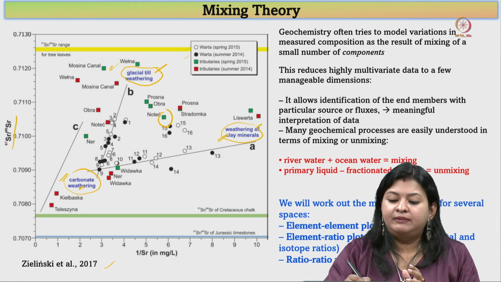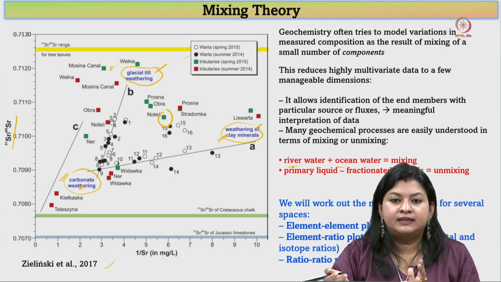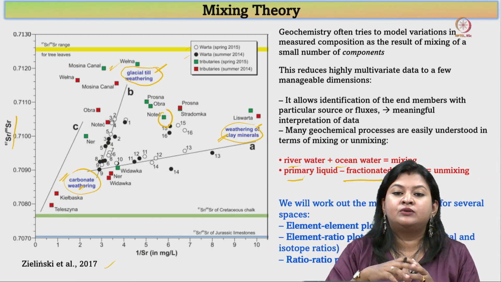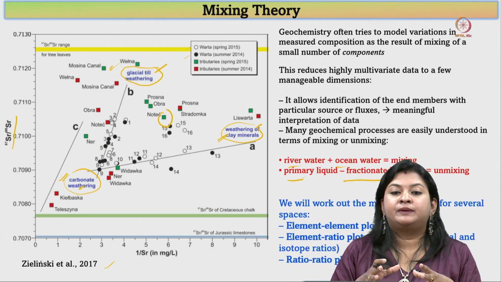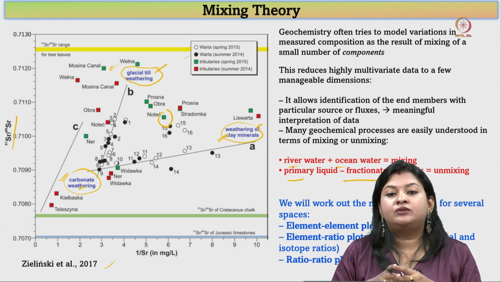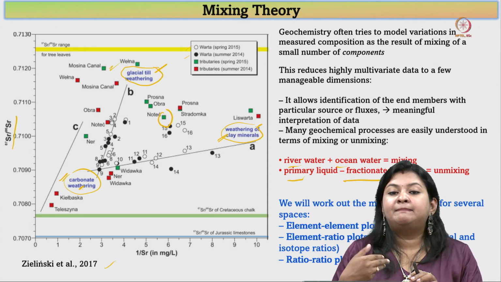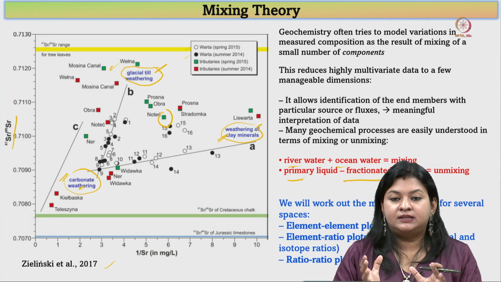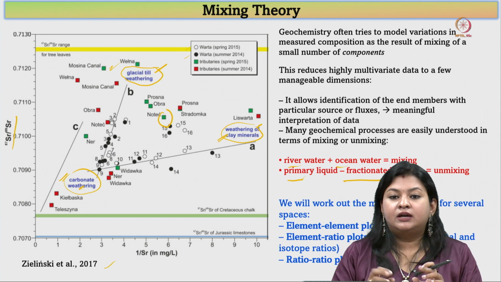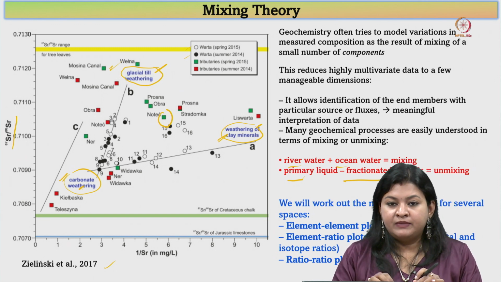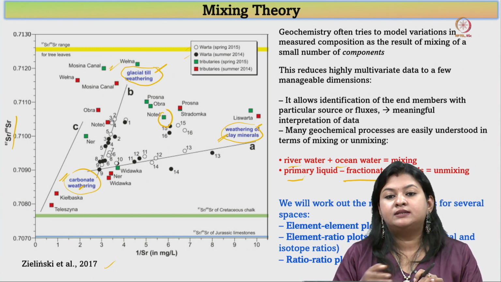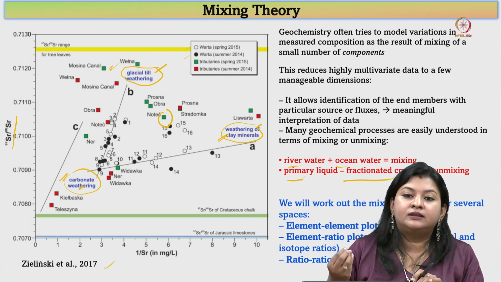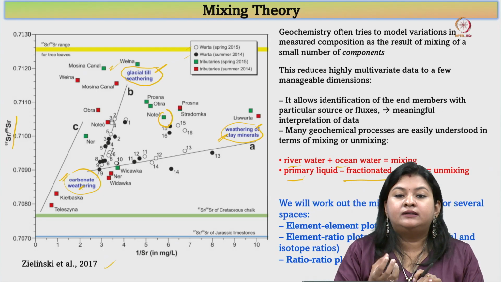So, it can be river and ocean mixing that is happening, it can be a primary liquid and a fractionated one. Suppose a magma chamber is receiving episodic melts. After a melt is received, crystals start forming, but maybe after 10,000 years another melting event, another melt blob as it is called, comes and enters that magma chamber.